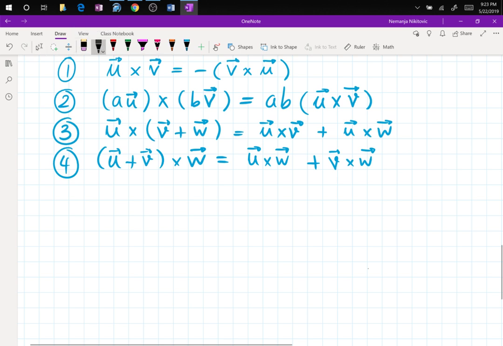And now, the most important thing, which is why we actually bother with a cross product. Why is this thing so important?